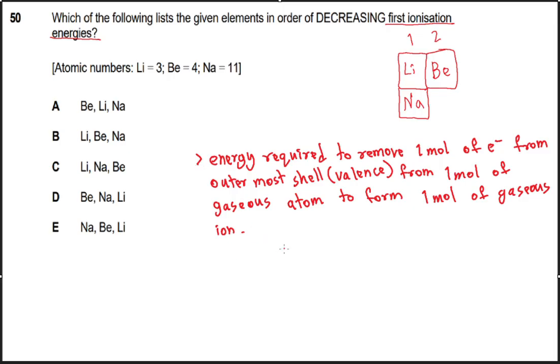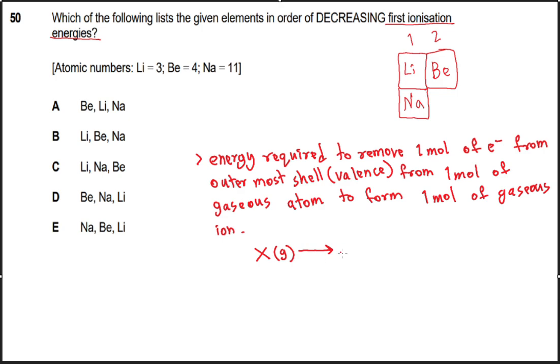To make it even simpler, we can deduce the equation from it. We can write the simple general equation of first ionization energy. Suppose we have a random element X, in gaseous state, as an atom. We provide energy, since it's an endothermic reaction because it requires energy.